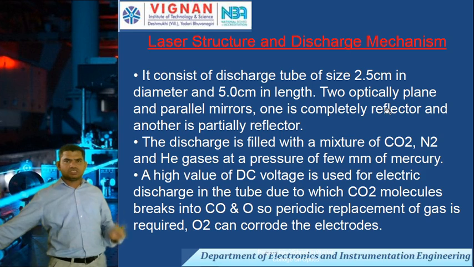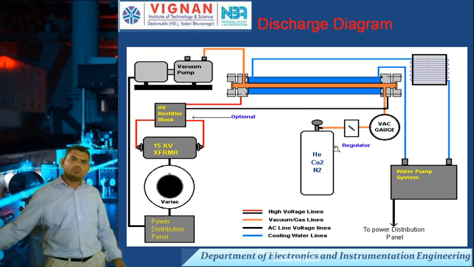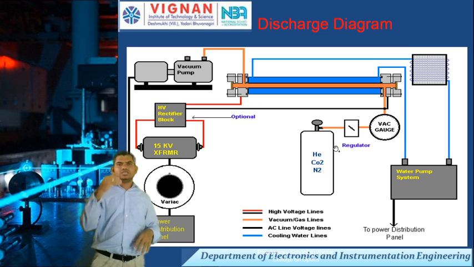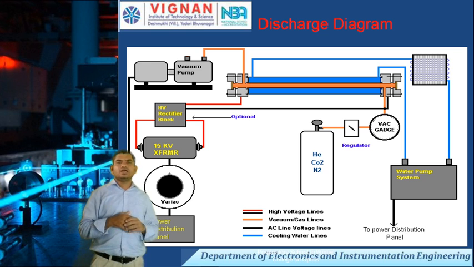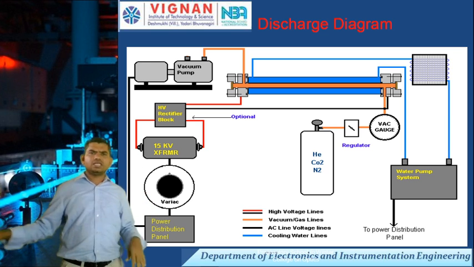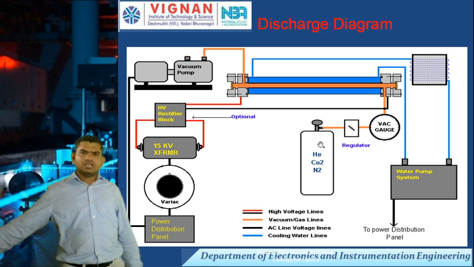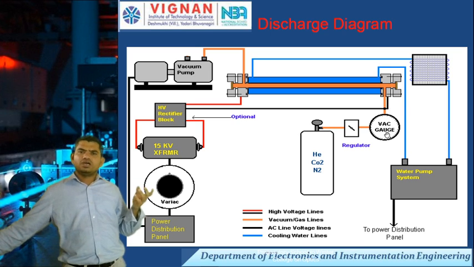This is the structure. Now the discharging mechanism, how the molecules are discharging. This is the general setup for the discharge mechanism in the helium carbon dioxide laser. Here there are cylinders of CO2, helium and nitrogen, and one regulator and a gauge. When we give this input with some pressure, we monitor and control the pressure using this gauge.